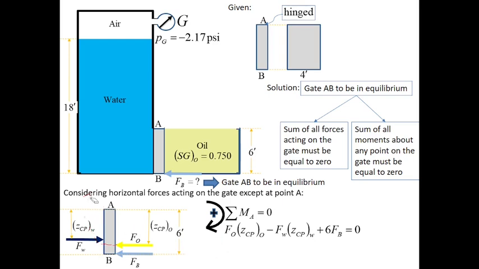Then we consider FW, the hydrostatic force due to water, and this is the distance. Considering only force due to water, the gate will be twisted like this.